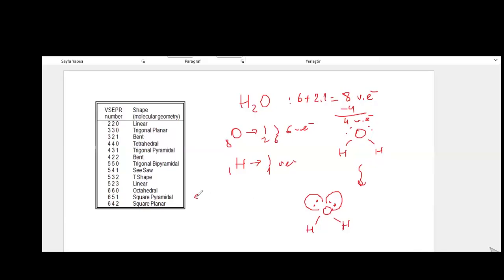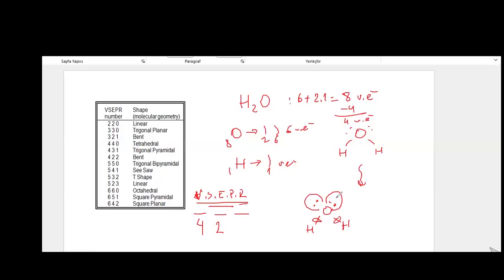Let's try to find the VSEPR numbers. Let's try to find the first digit. If you look at the oxygen atom, there are 4 electron domains in total. That's why our first digit is 4. And there are 2 electron domains for the single bonds, 2.